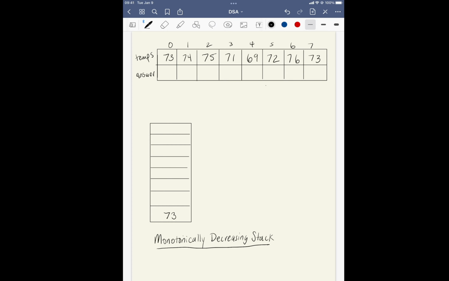Then we also keep track of what index 73 is. So we're going to have a tuple on the stack where 73 is our temperature and our index is the next thing in the tuple.